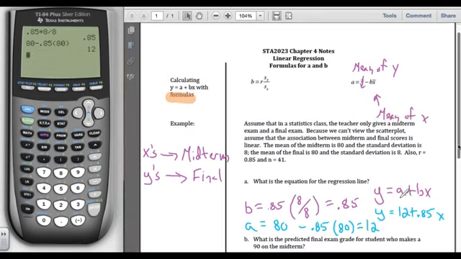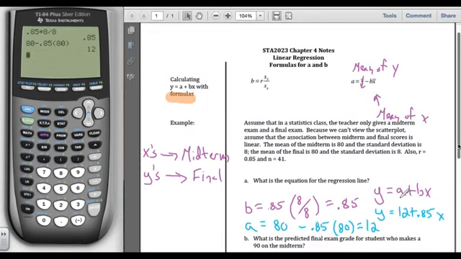On part B, we want to know what is the predicted final exam score for a student who makes a 90 on the midterm. I'll plug in 90 for x in my equation. That's 12 plus 0.85 times 90. And that gives me an 88.5.